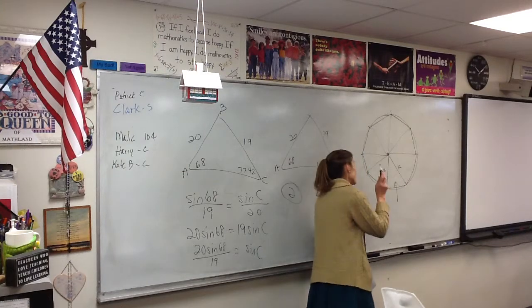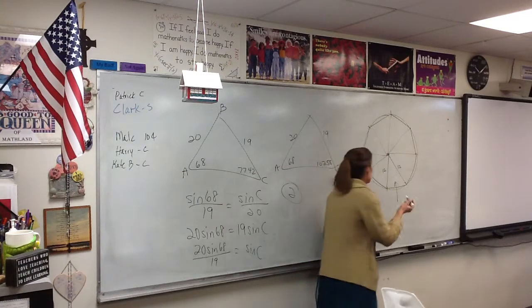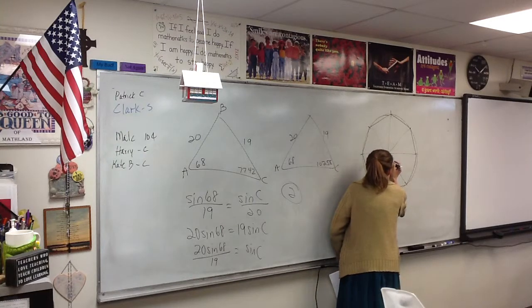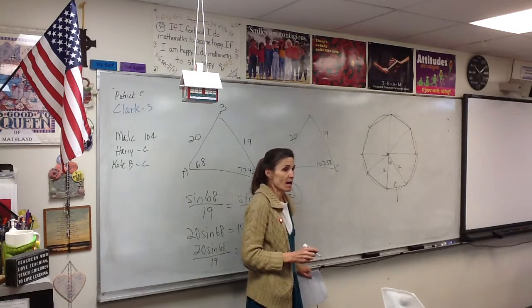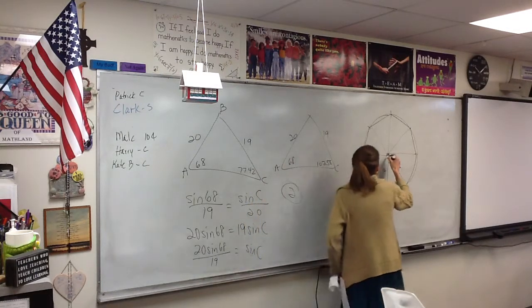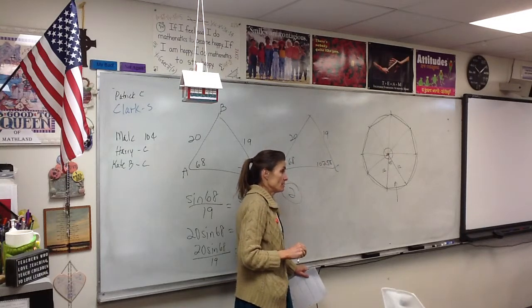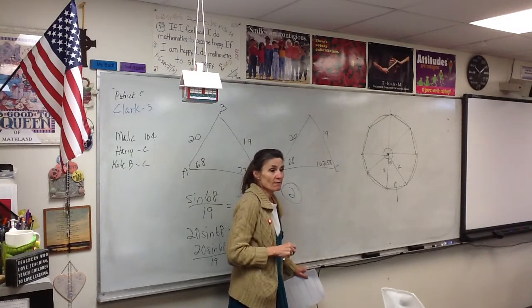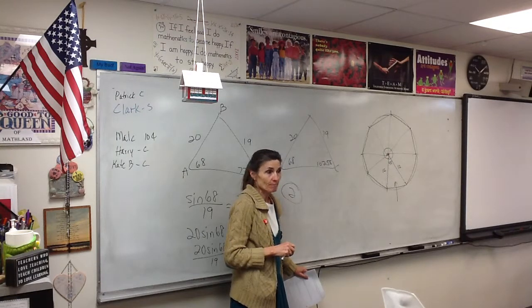Okay, so tell me, do I know anything else about that triangle? This angle is 45 degrees. How do we know that angle is 45? 360. All of these make 360. There's 8 of them. They're equal. So each one of them is 360 divided by 8.